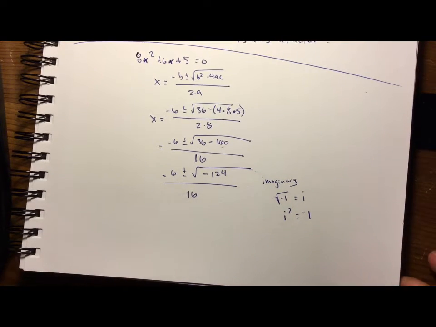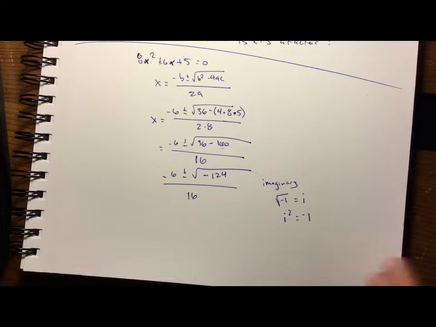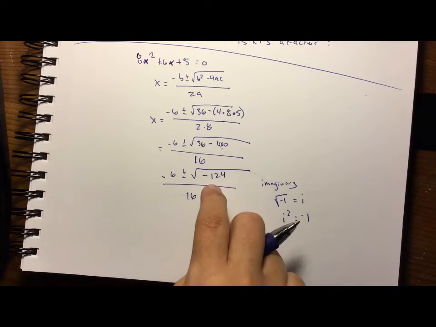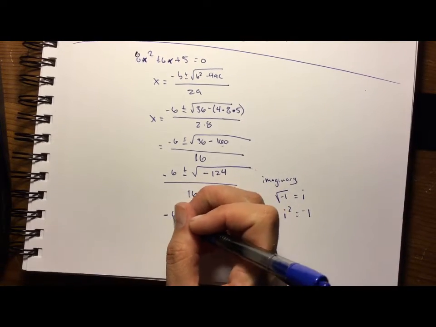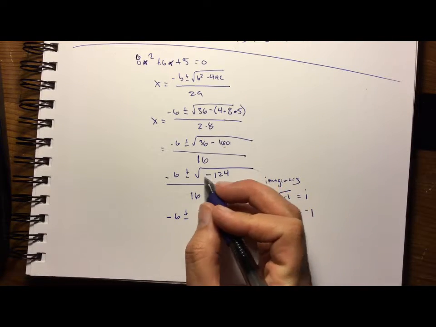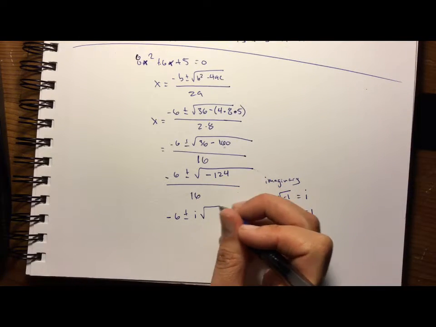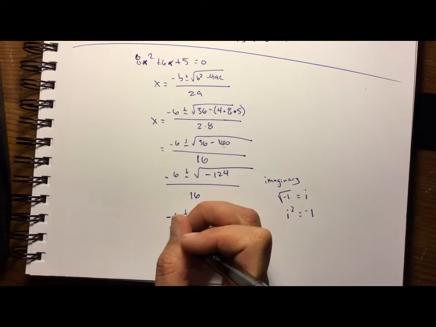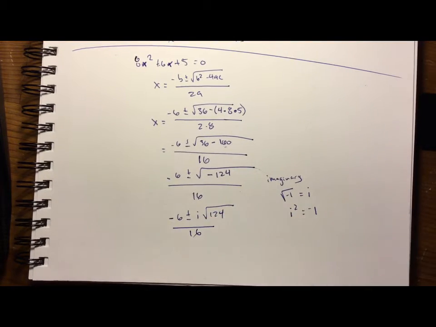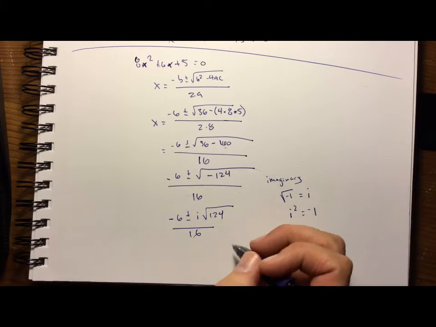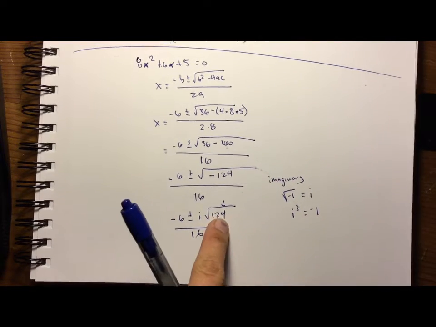We're just going to go with it, which means we can simplify this by saying this is -6 plus or minus, we can pull out that i, and the square root of 124 over 16. We could simplify this radical down more, but that's not the point I'm trying to make.